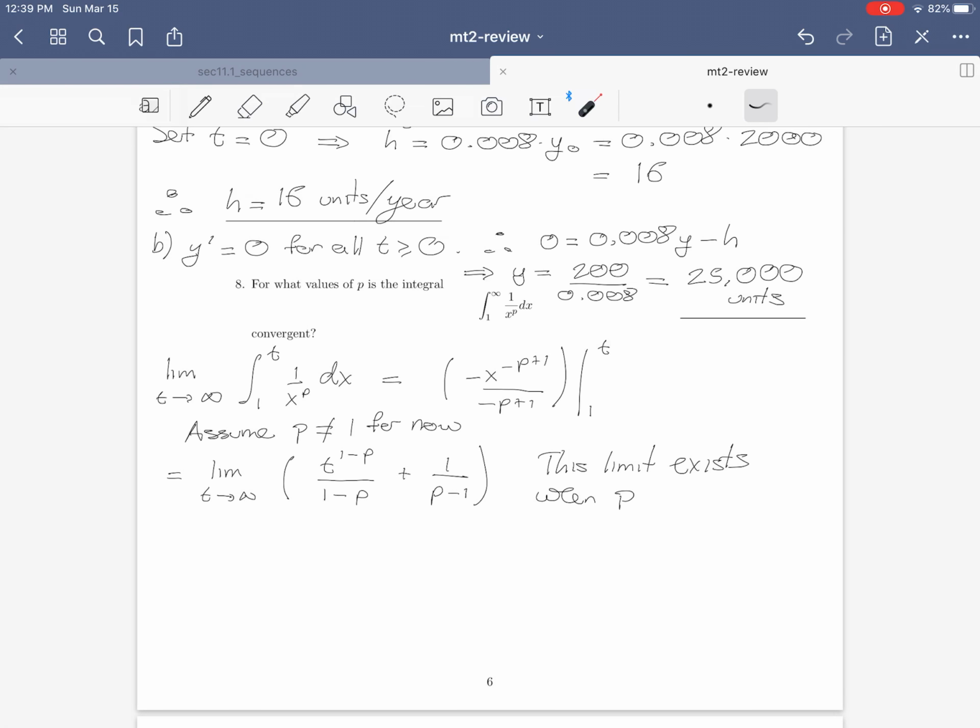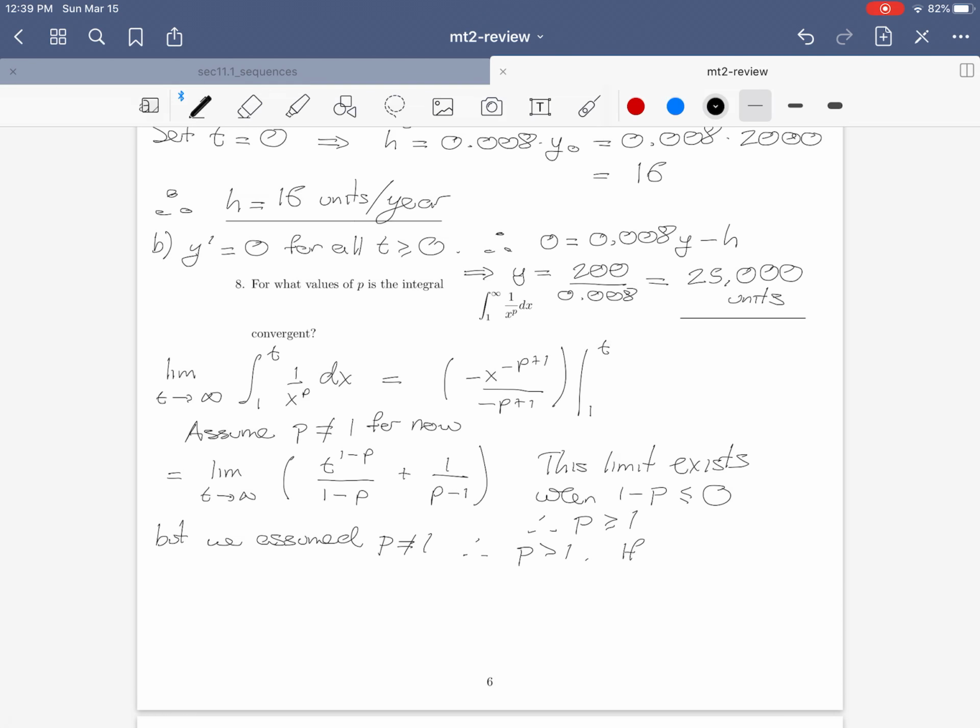So for the limit to exist, we need 1 minus p to be less than or equal to 0. So 1 minus p less than or equal to 0. Therefore, p is greater than or equal to 1. But we assumed p is not equal to 1. So therefore, p is greater than 1.